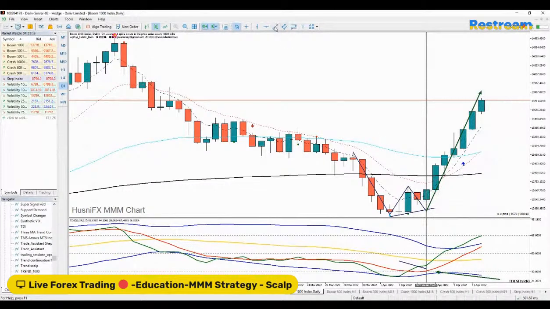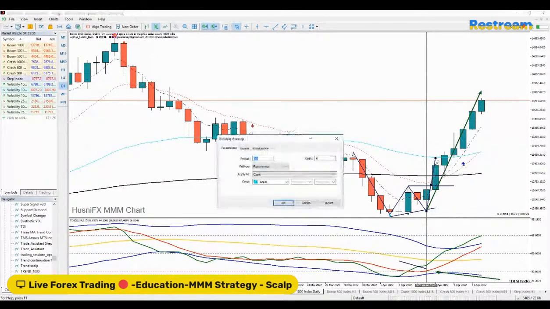So when the price broke above the neckline, we are expecting a strong move and what is called a pullback or rejection. So when price breaks that neckline, what happens is the price makes a move of like 140 pips.